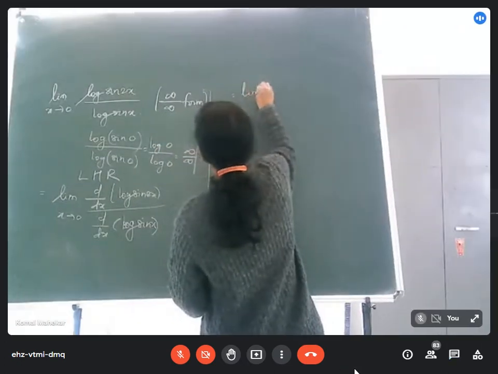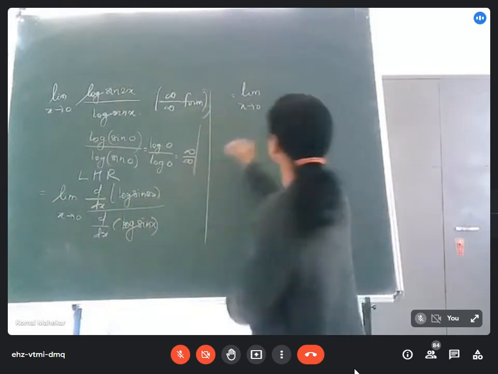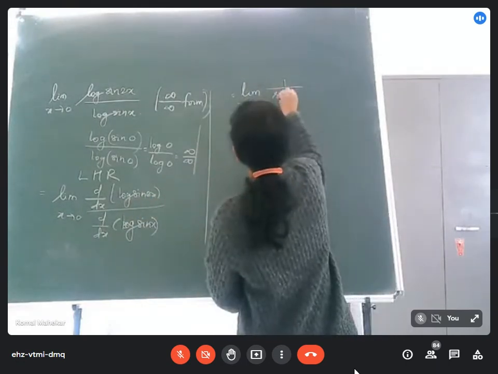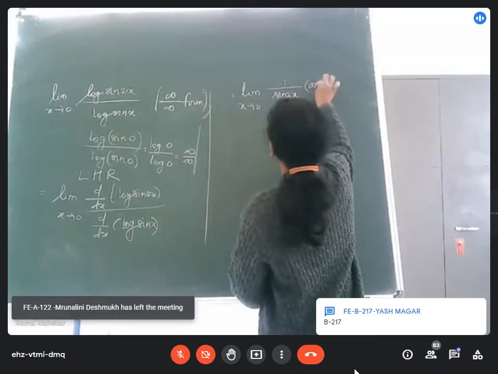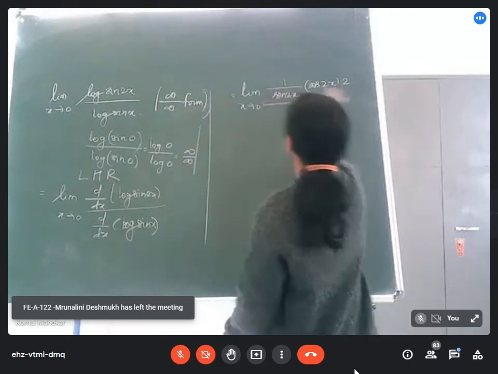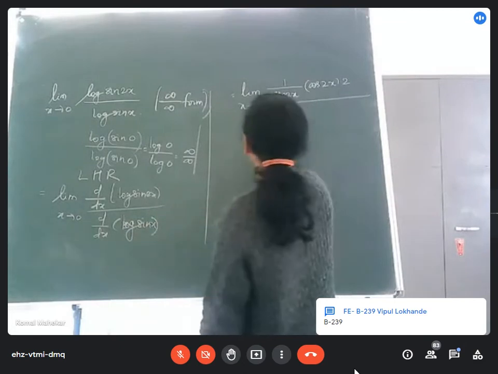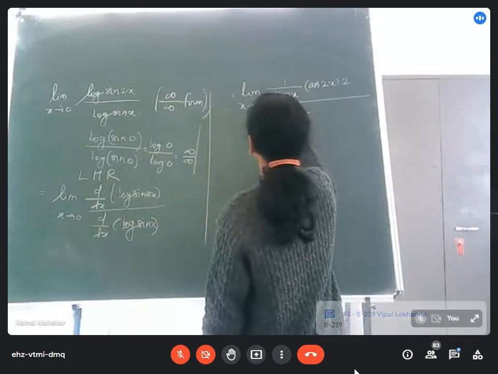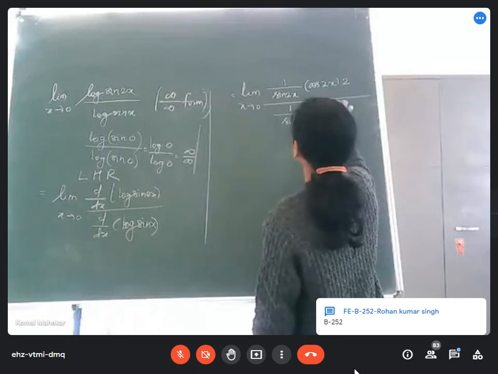Limit x tends to 0 of the derivative of the log function, that is 1 upon sin 2x, into the derivative of sin 2x, that is cos 2x, and the derivative of 2x with respect to x, that is 2, divided by d by dx of log of sin x. So this is 1 upon sin x into the derivative of sin x, that is cos x.